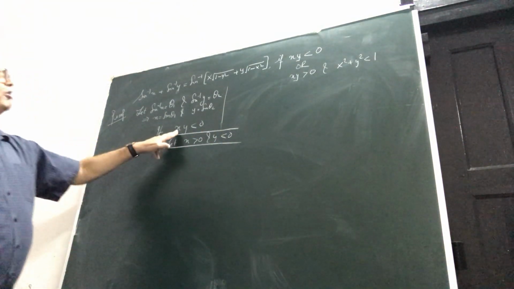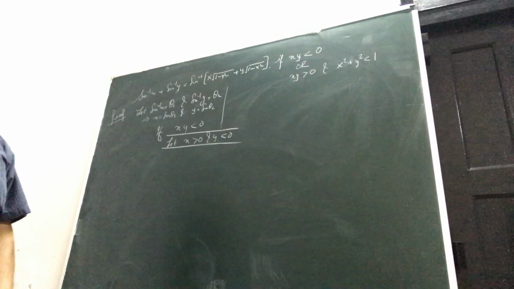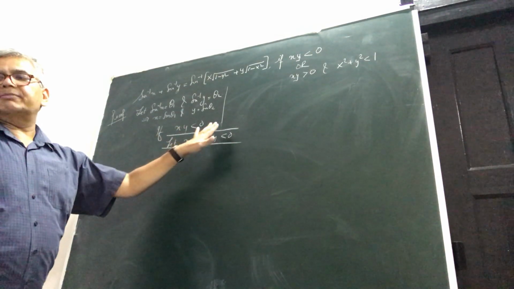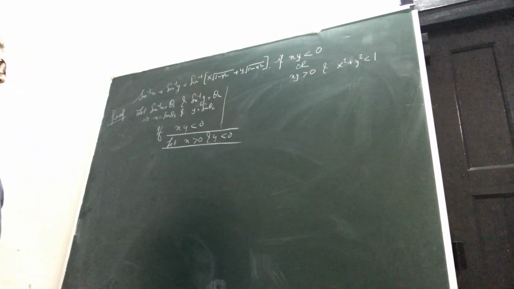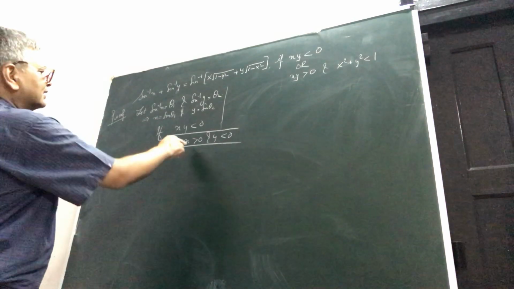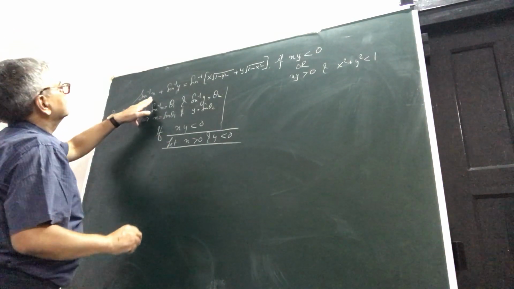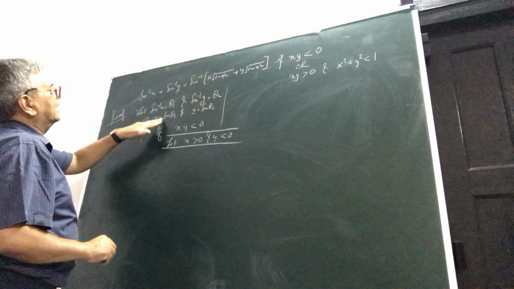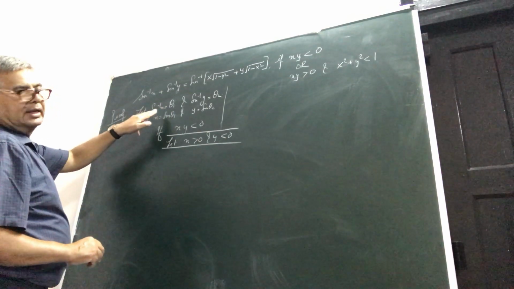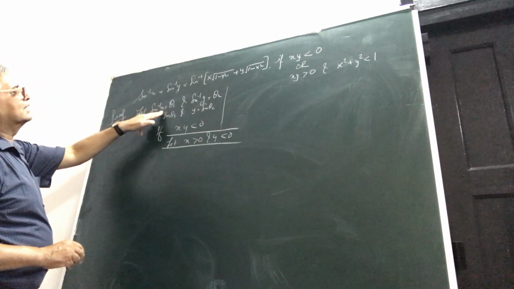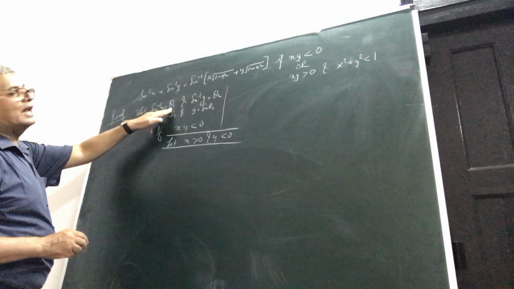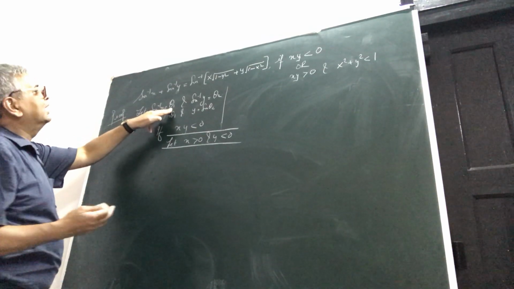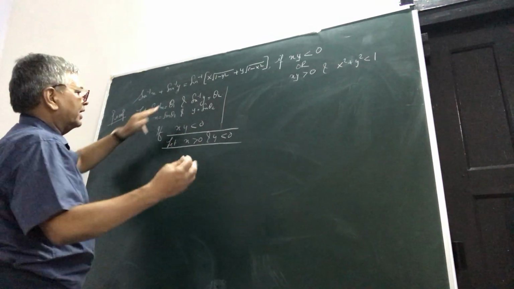One of them will be positive, the other negative. Because if both of them are negative or both positive, then the product will be positive. So that's okay. If x is greater than 0, where will theta 1 lie? If you look at sin inverse x, theta 1 will lie between 0 and pi by 2.